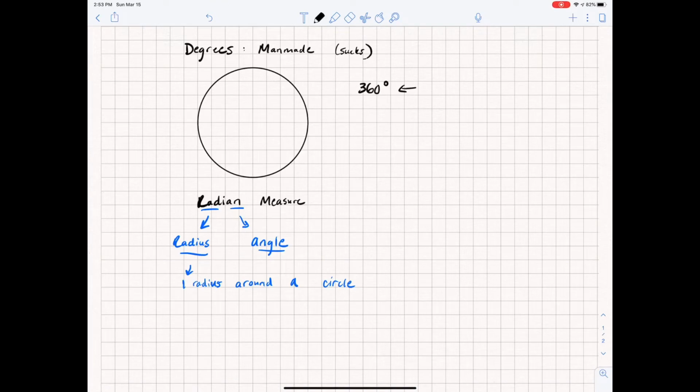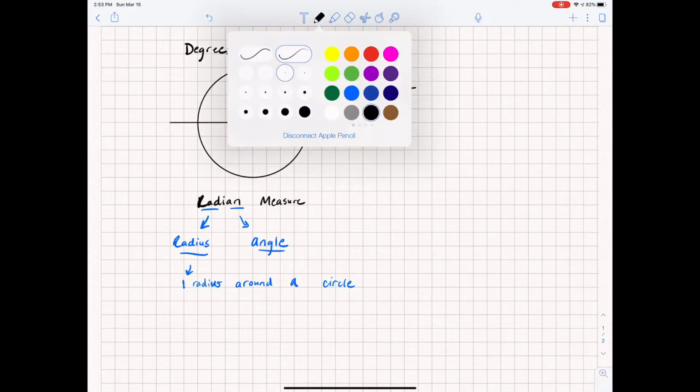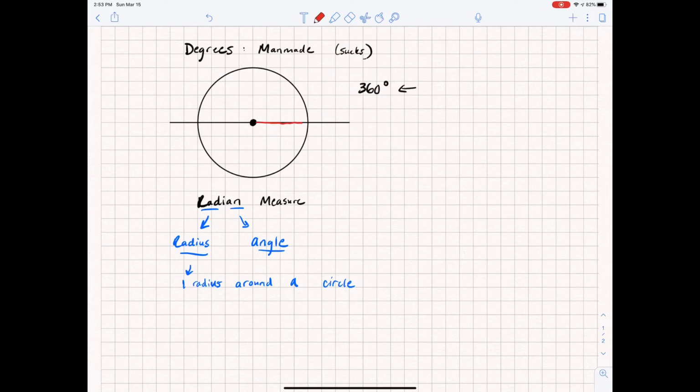I'm just going to put a horizontal here so we have a marker. The center of the circle is right here. If we were to measure out this radius, this distance here, as 1, 2, 3, 4 total units, and if I were to travel 4 units around the circle, it should put me about right in here somewhere, not a straight line.